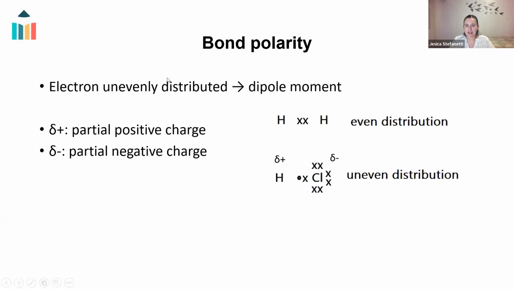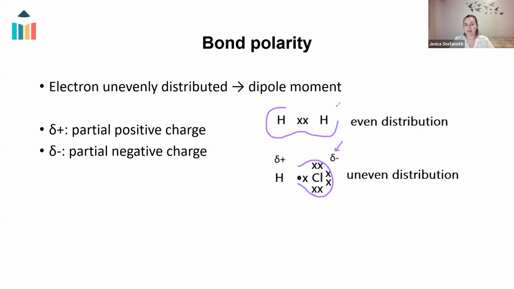You can see here that I put over the chlorine a partial negative charge, because most of the electrons will tend to be closer to the chlorine. So we will say that there's an electron deficiency over the hydrogen and an excess of electrons over the chlorine. That is represented as shown here with the partial positive and the partial negative charge. In non-polar molecules, there's an even distribution, such as here.